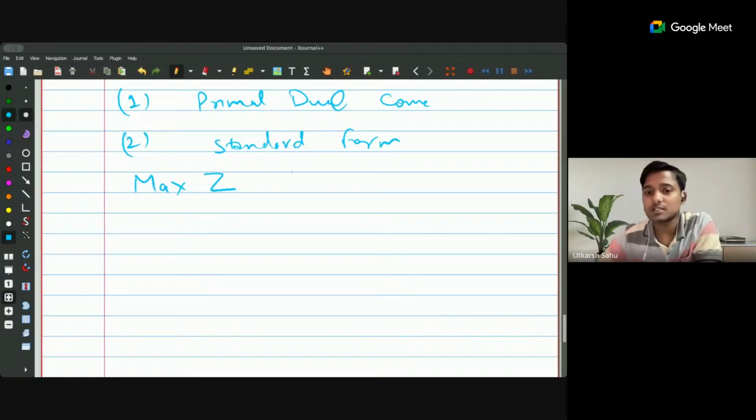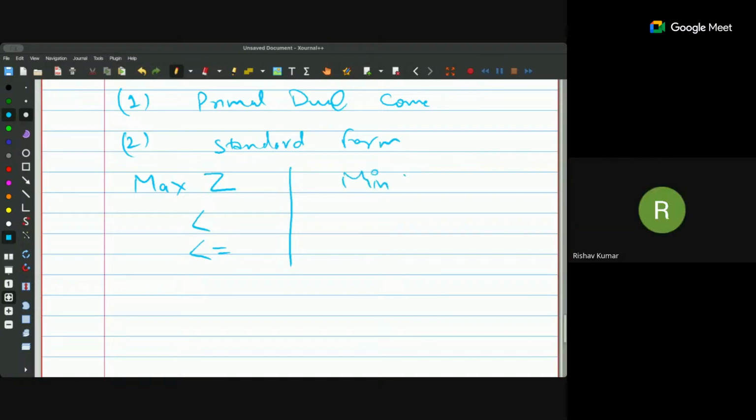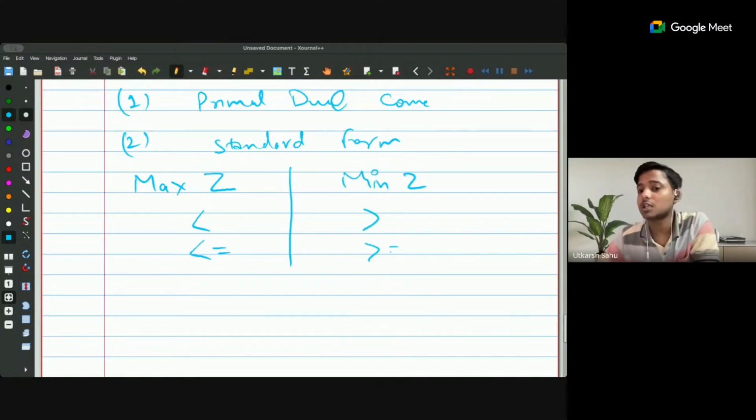When you have maximizing, all your constraints should be less than or less than equal to. And when you have minimizing, then you want greater than or greater than equal to.